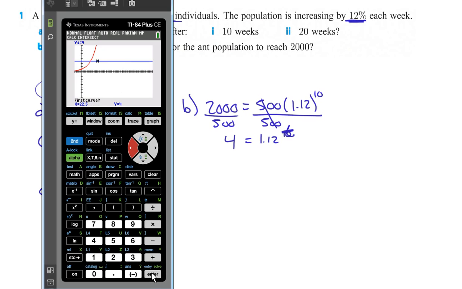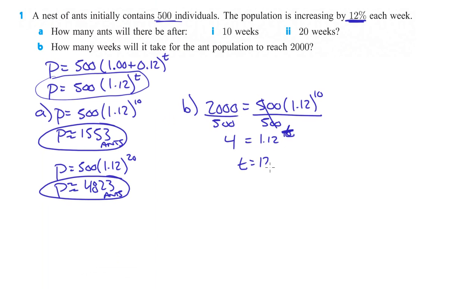Is this the first curve? Yes. Now it's going to jump up to the other curve. If you pull it back down, you can see that it's on the curve. Enter. Enter. Guess. Enter. And it gives us 12.23 for time. So time is going to be about 12.23 weeks.